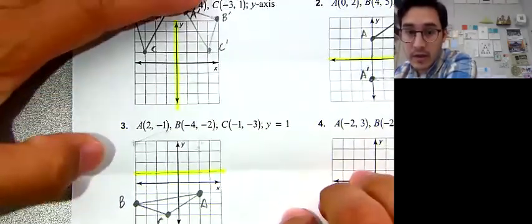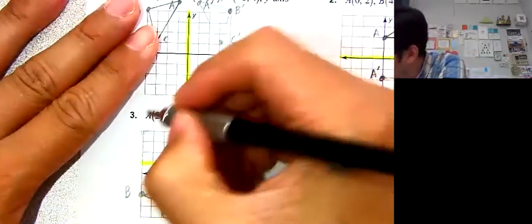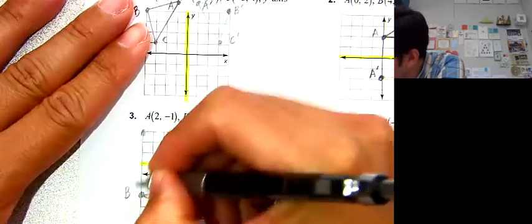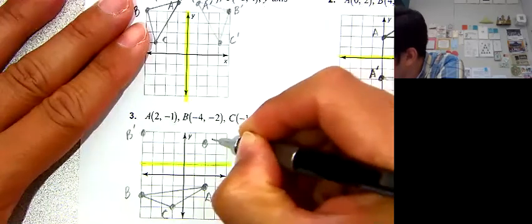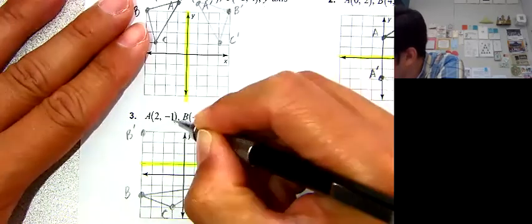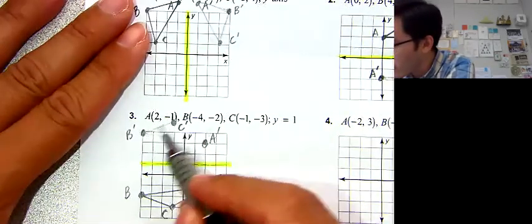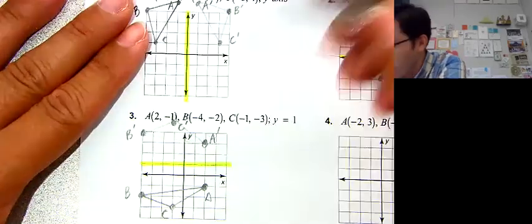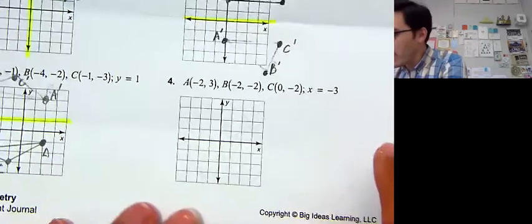All right, so it's a little bit faint, but this is point B, so B prime. This one is A prime, and up here, that's going to be our C prime. Okay. Drawing the sides of our new image.